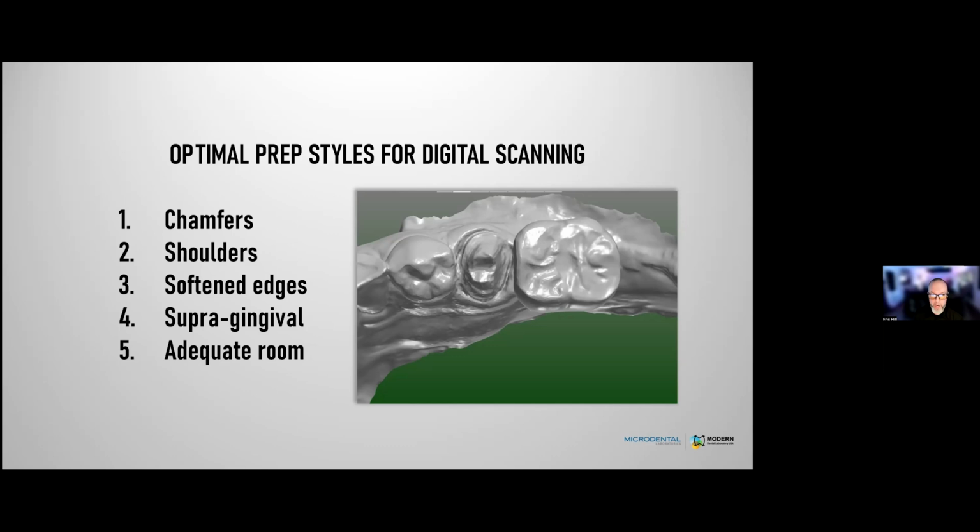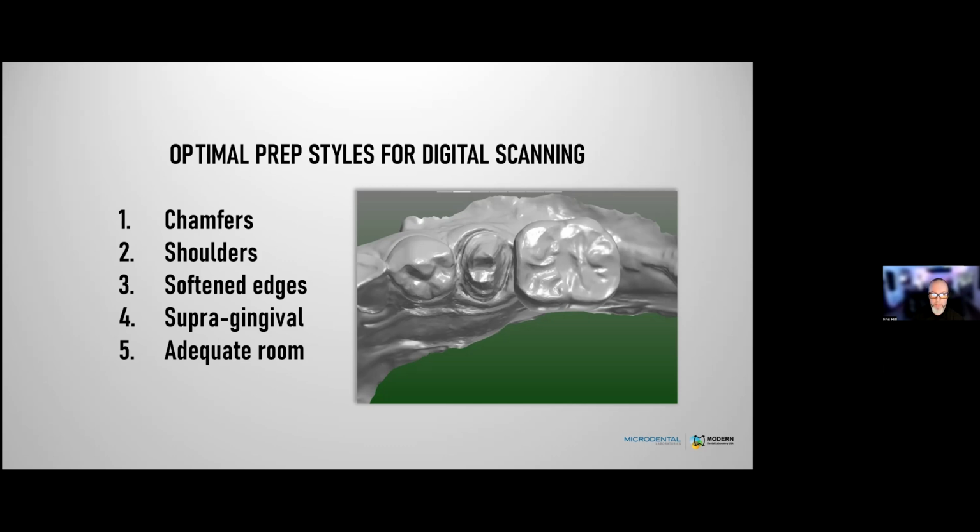And in a lot of scenarios, if you don't have a chamfer or a shoulder, there's going to be an issue with margin thickness. What I mean by that is if you have nothing behind where the margin is, where it's pushed away, like a chamfer or a shoulder, that means the minimum thickness of the material, let's say Emax or zirconia, is going to be reliant on the actual prep itself.